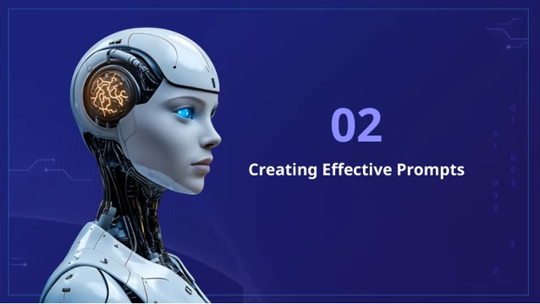Also, think about the tone and style you want, whether formal, casual, or technical, and specify that in your prompt. Remember, effective prompts are the foundation for getting high-quality outputs, which ties back to our overall goal of leveraging AI smarter and more efficiently. So, by mastering how to craft these prompts, we're enhancing the entire process and ensuring we get the best results possible.